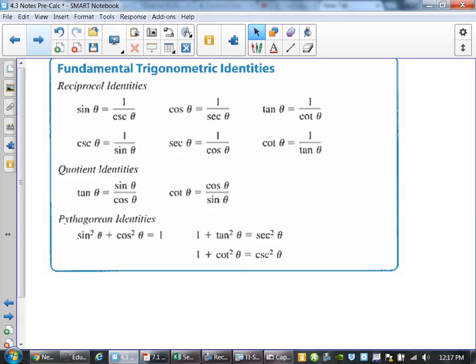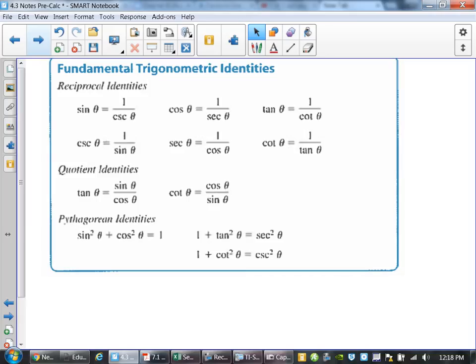The weird ones are the Pythagorean identities, where you get sine squared plus cosine squared is 1. 1 plus tangent squared is secant squared. And 1 plus cotangent squared is cosecant squared.